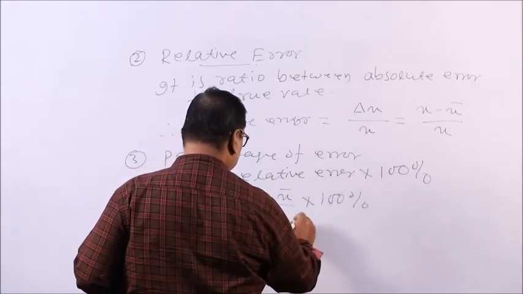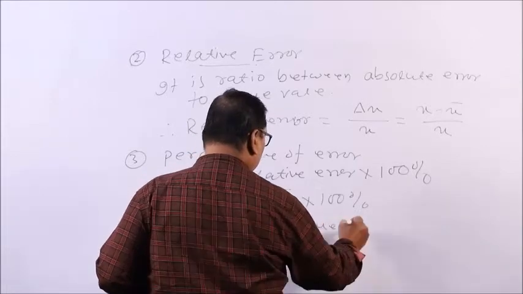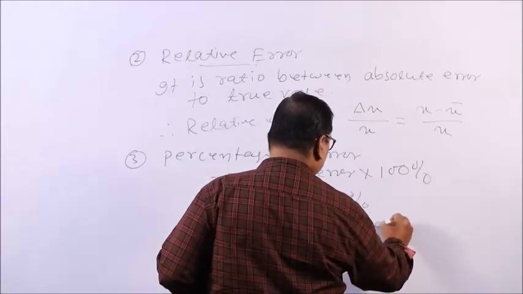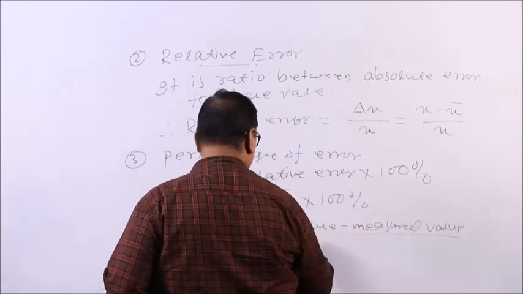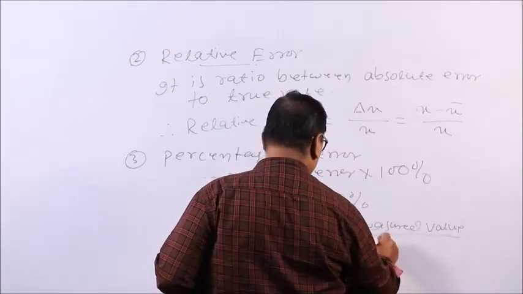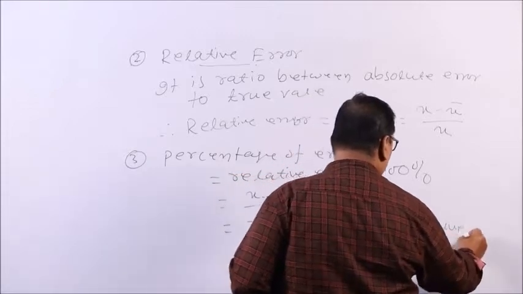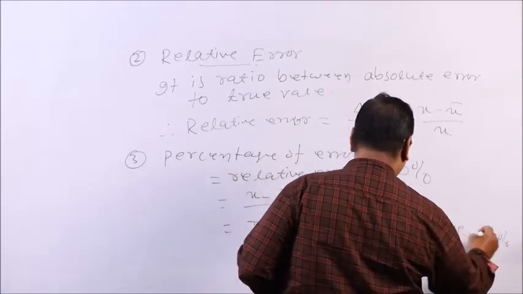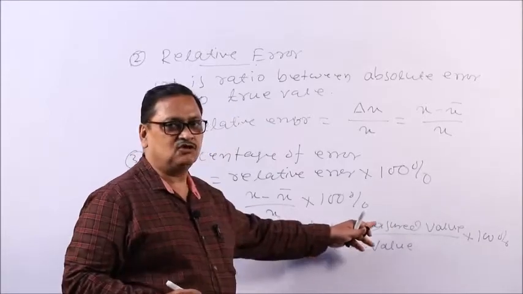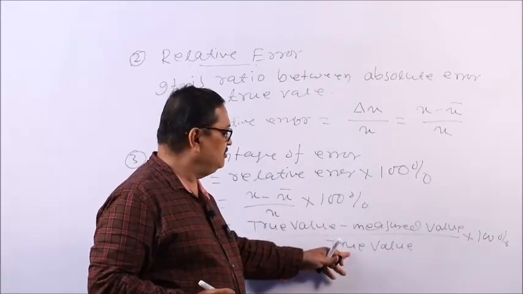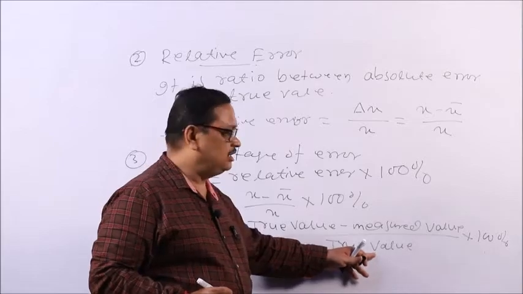This is true value minus measured value by true value into 100 percent. If the measured value is greater than the true value, you can write measured value minus true value, but the denominator will always be the true value.